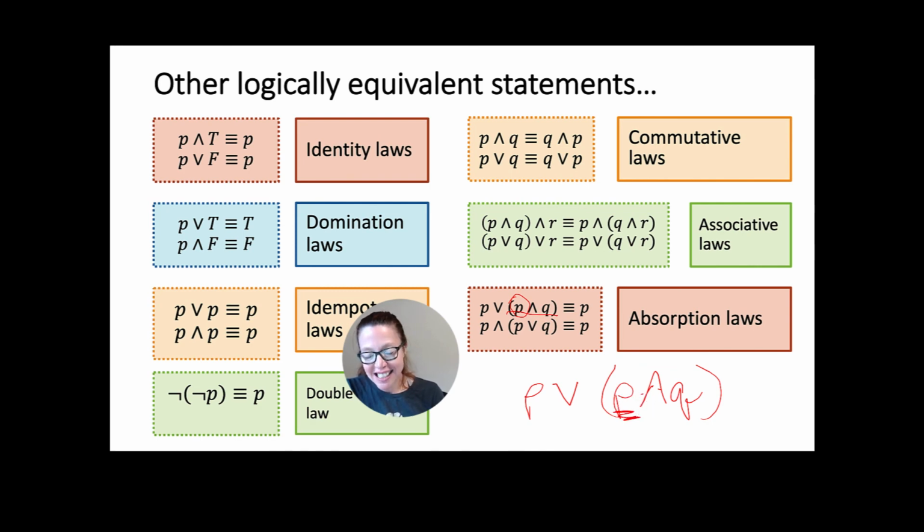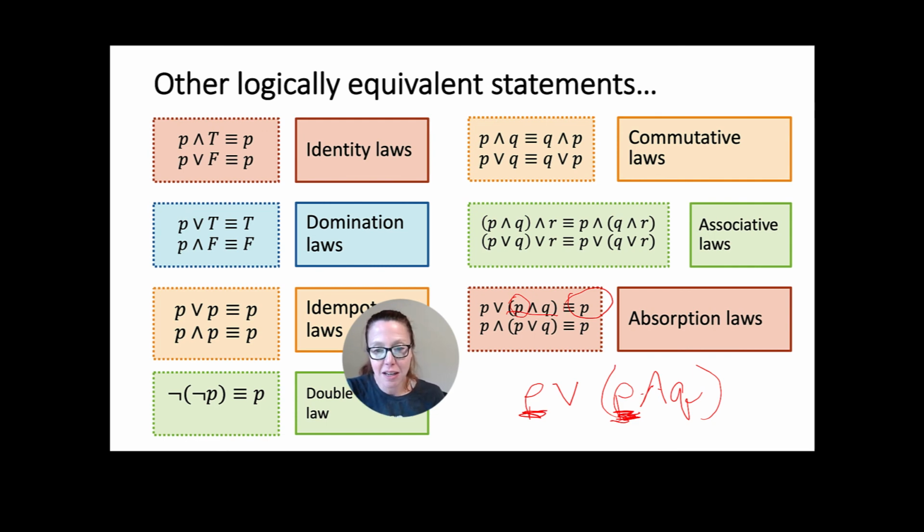If the right-hand side is the piece that makes this disjunction true, then P is true. If the left-hand side is the piece that makes this disjunction P or P and Q true, then P would have had to have been true. So no matter what, for this to work, P must be the case. And so P is the thing that makes this true. So this is equivalent to P.